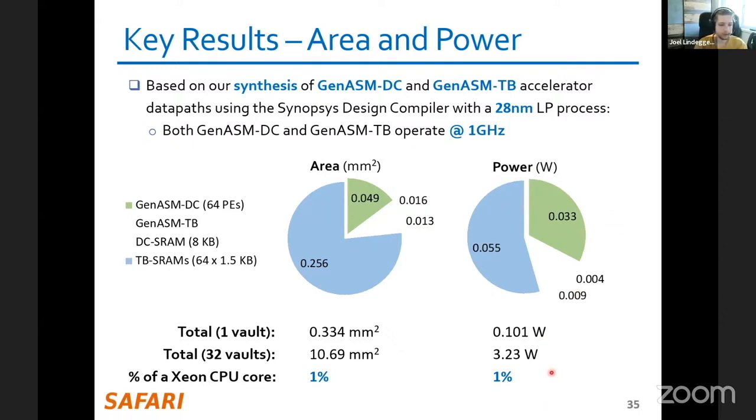But note that in total, this accelerator, which I believe is already 32 copies of the accelerator, is just 10 millimeters squared. That's tiny, right? That's 0.1 centimeters squared, or about a hundredth of what a modern CPU uses. In terms of power, also 3 watts, that's much less than your phone uses.